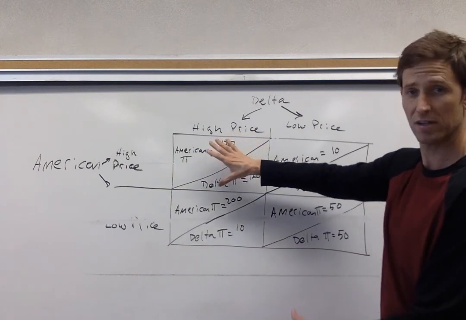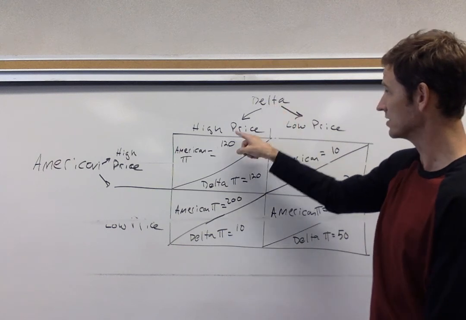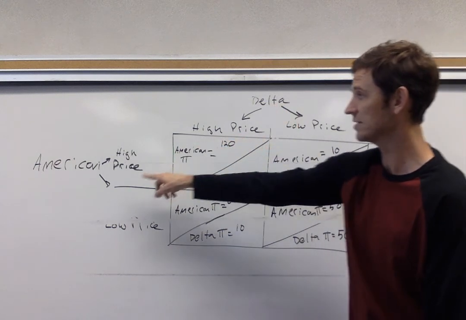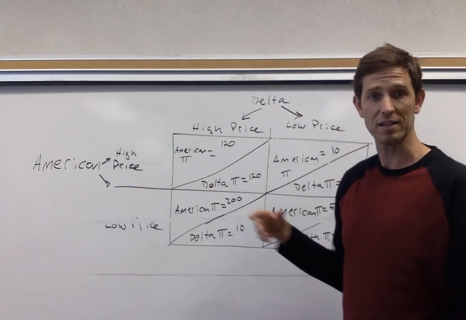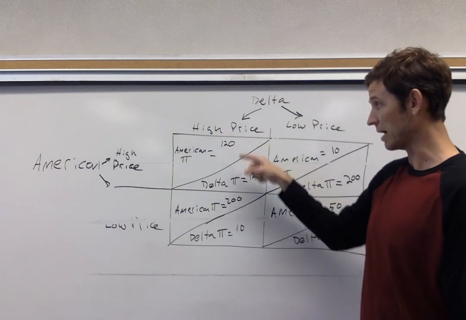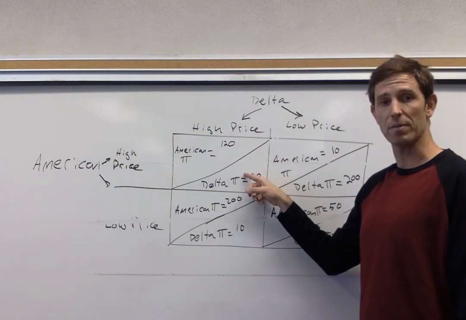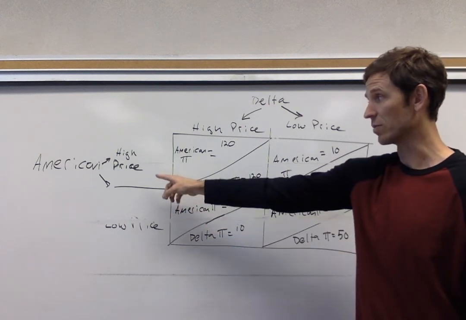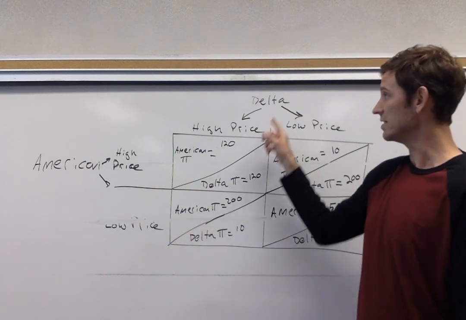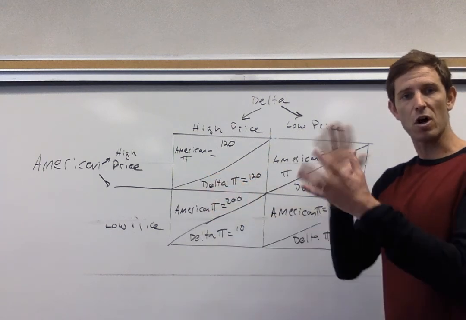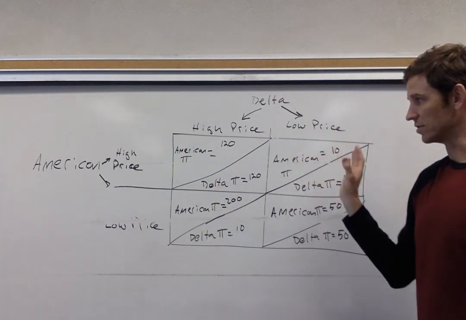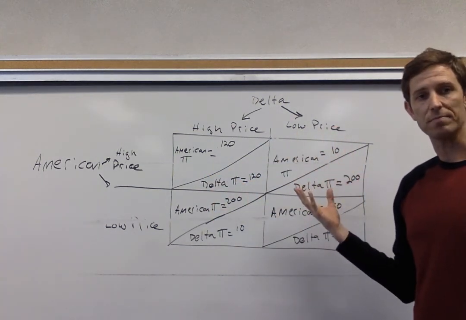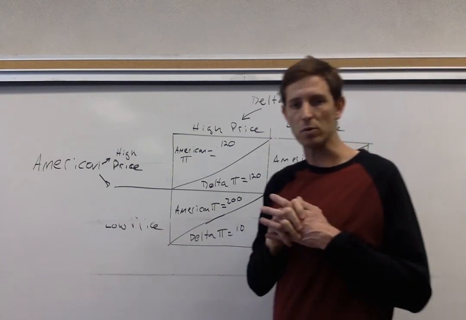So this top left quadrant that you see right here, that means Delta elected to charge a high price, and American also elected to charge a high price. If they both charge a high price, this is going to show each company's profit, and so on. Down here on the bottom left, this would mean American went with a low price, and Delta went with a high price. All the different combinations of high and low prices across the two firms are represented here. Okay, so that's how you work with the table.